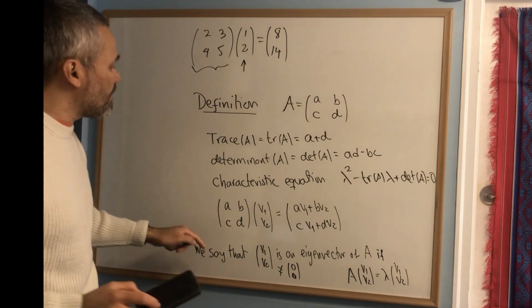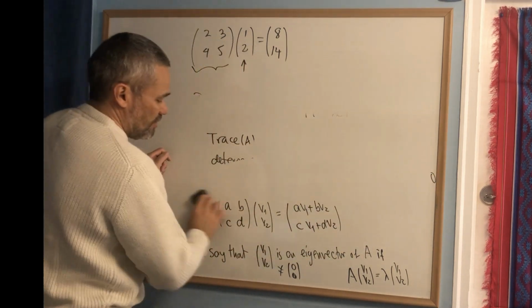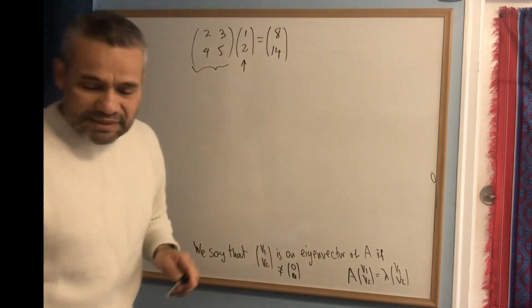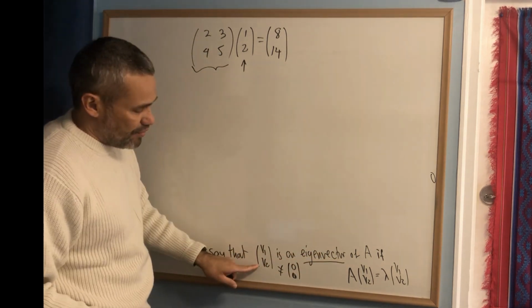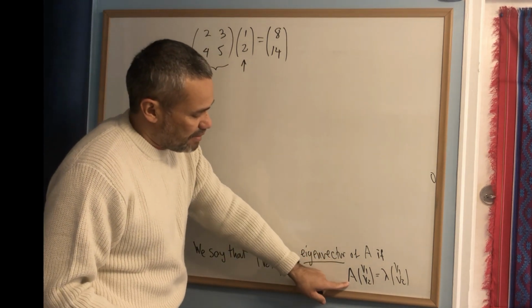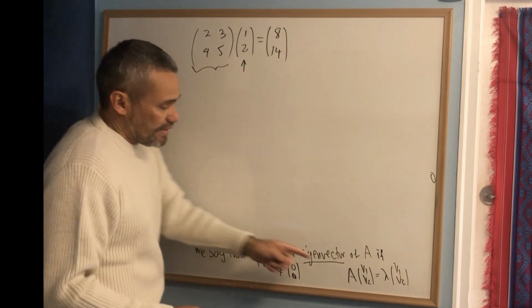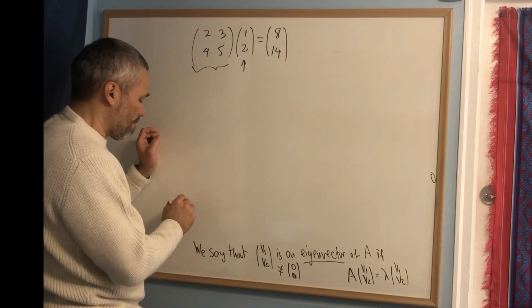Along with the notion of eigenvector, we have the notion of eigenvalue. We have defined what an eigenvector is: a vector with the property that when you multiply the matrix by the vector, you get a multiple of the vector. And when that happens, we say that lambda is an eigenvalue.